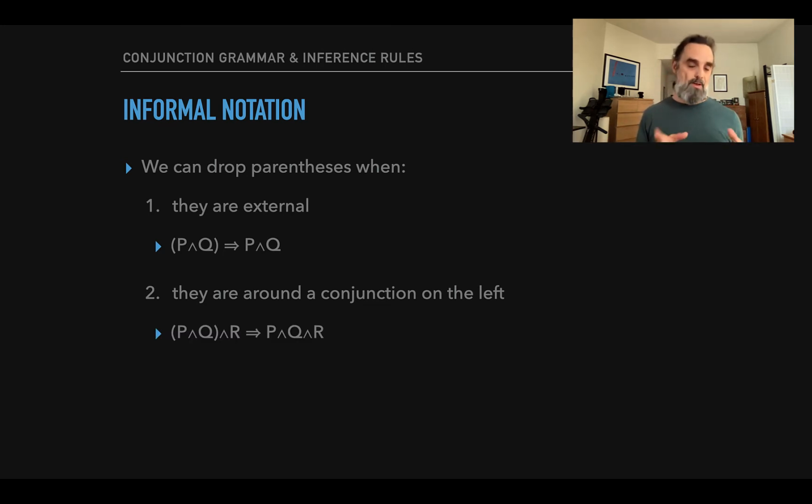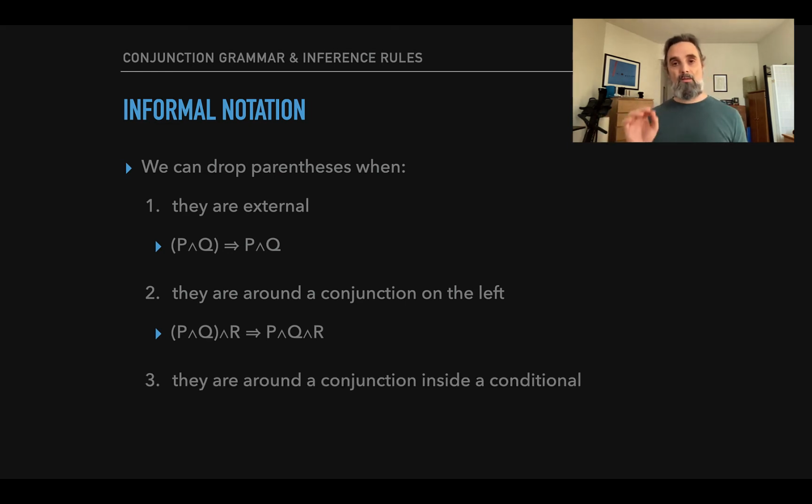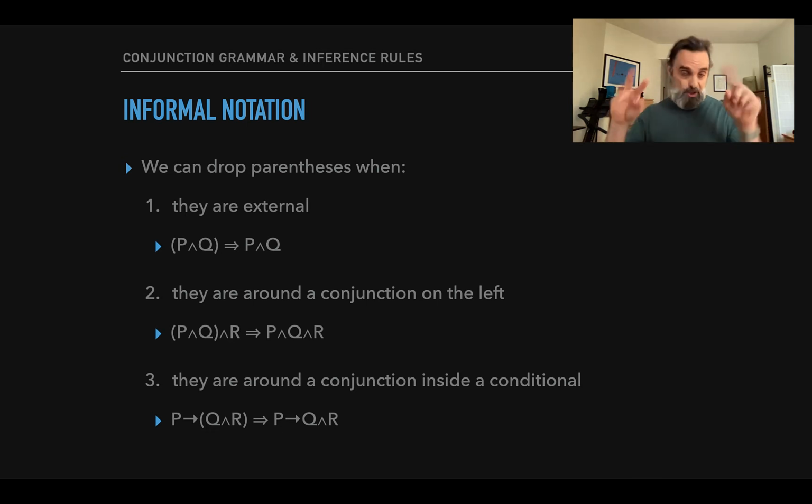So you have parenthesis P and Q, parenthesis and R. You can get rid of those parentheses. And finally, when parentheses are around a conjunction that is inside of a conditional, you can drop them. In the example we saw before, the conjunction was in the antecedent, but we can also drop them if they're in the consequent. So if we have P arrow Q and R, where the Q and R is surrounded by parentheses, we can drop them.